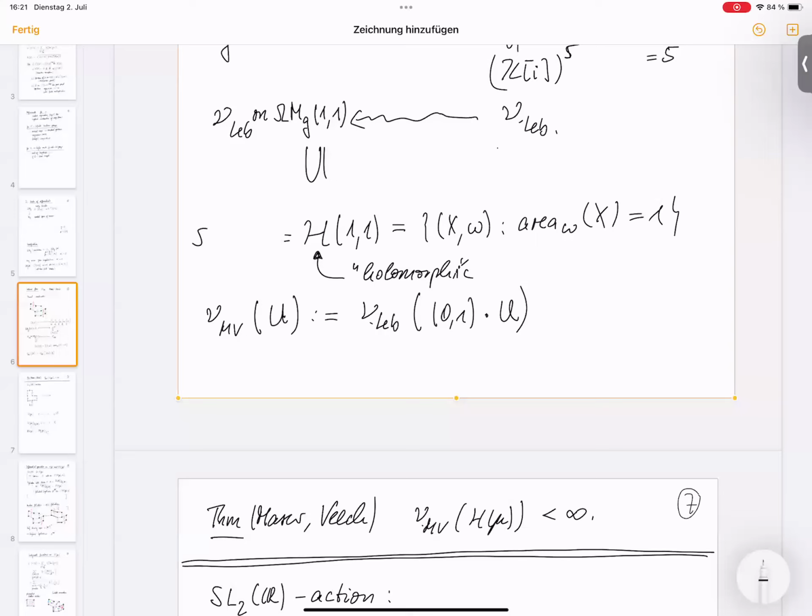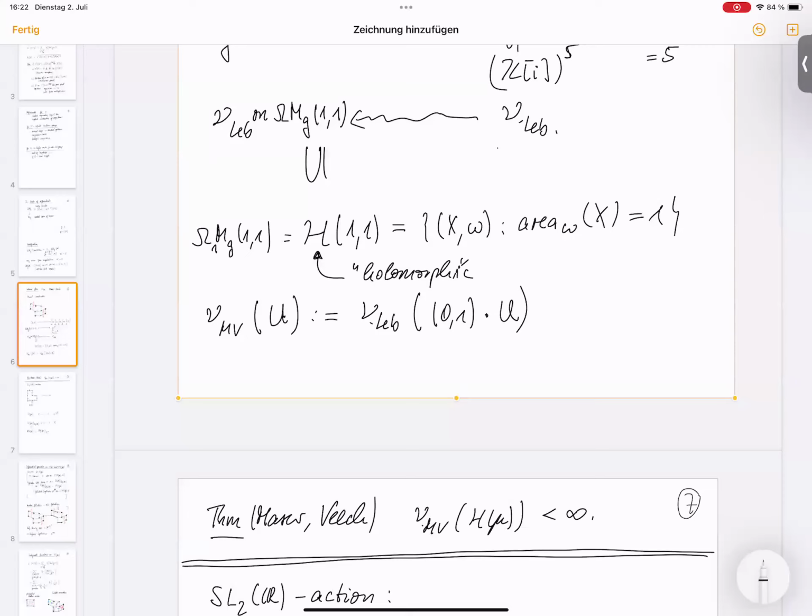Maybe a better name would be to say this is the area 1 part in omega mg11. But since this is a very lengthy symbol, let me stick to this short symbol H, and keep in mind that this means I'm taking the area 1 hypersurface. Okay, so far so good.